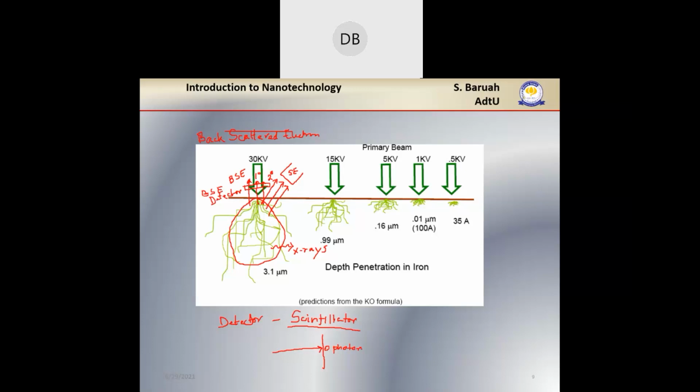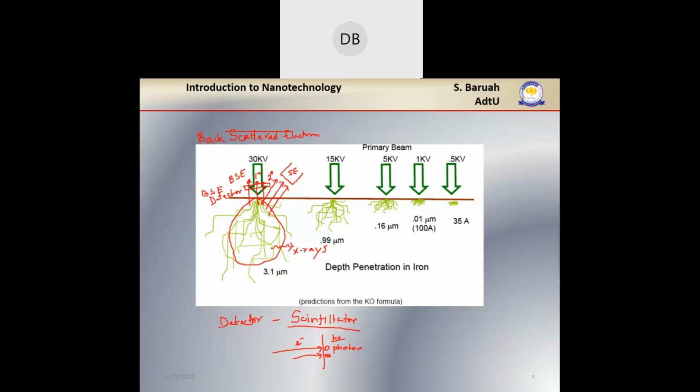And how bright or dark this photon is will depend upon the energy of the incoming electrons or particles, whatever it is. Based on its energy, we say h nu, the intensity will depend upon the energy. That means an electron beam striking with a very high energy will give a bright photon. An electron beam striking with a lesser amount of energy will give a darker photon. All right. You understand that?